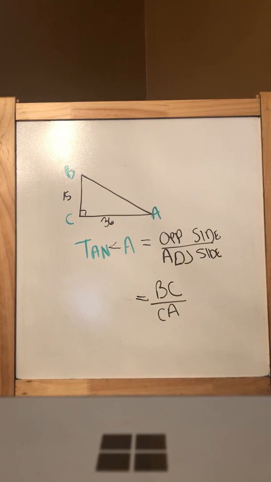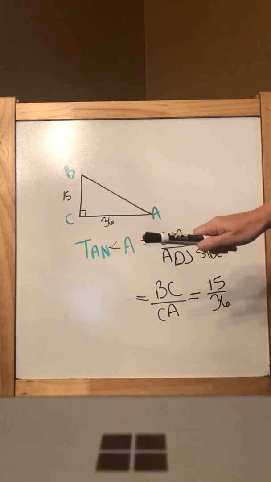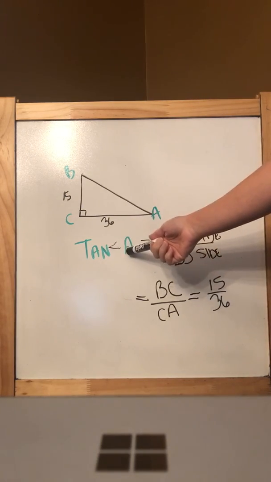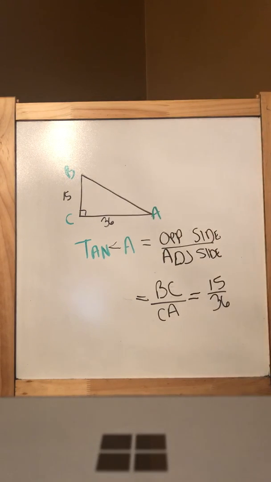So my tangent ratio here is going to be 15 over 36. So then you can just use your calculator and solve that to find the tangent of A. Make sure that you label it. You can't just write tangent equals. I have to know what it is because I could ask you for tangent of angle B.